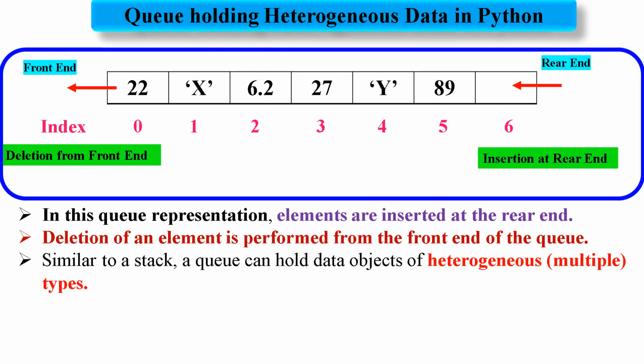In this queue representation, elements are inserted at the rear end. Deletion of an element is performed from the front end of the queue. Similar to a stack, a queue can hold data objects of heterogeneous, multiple types. You can see here the list containing values of different data types.